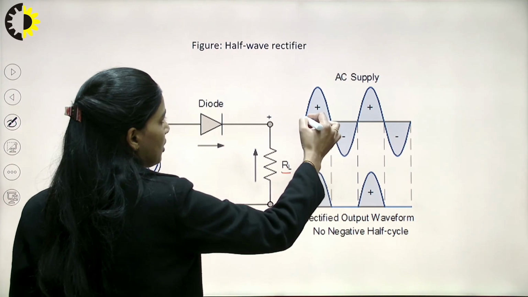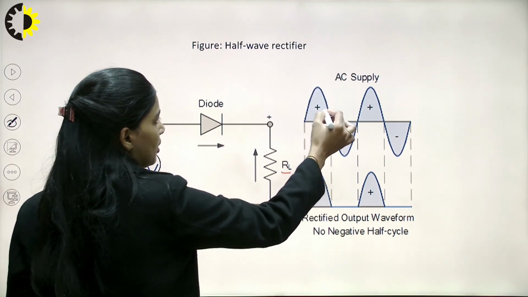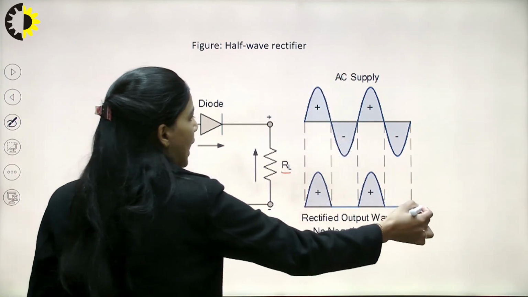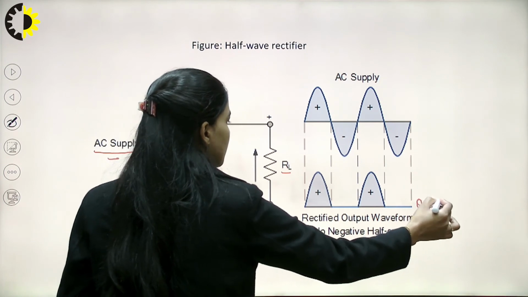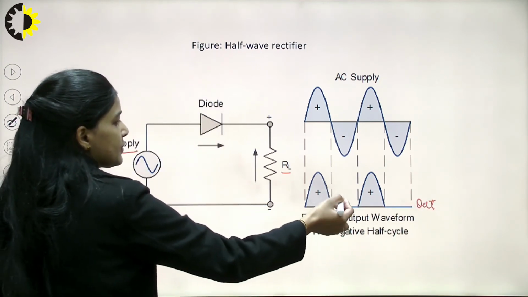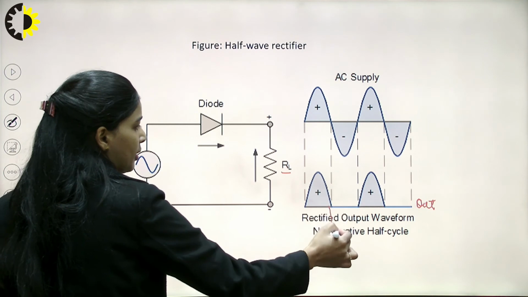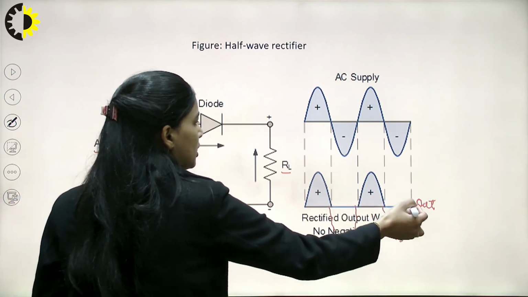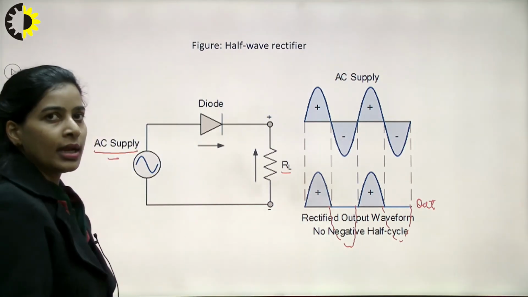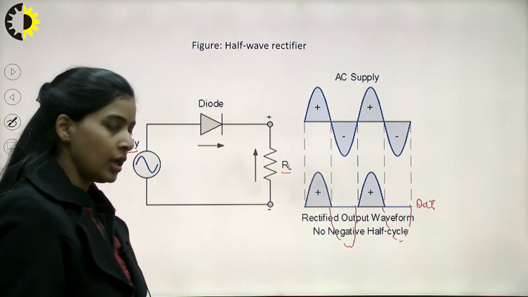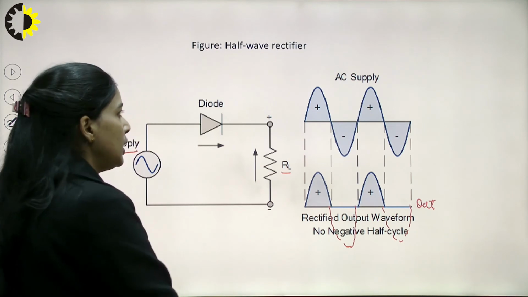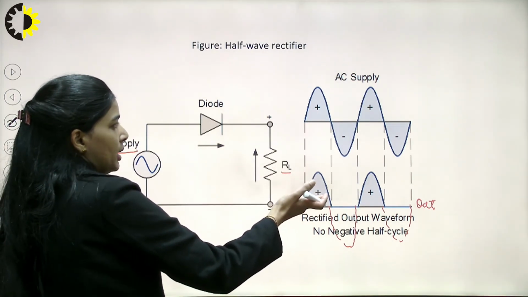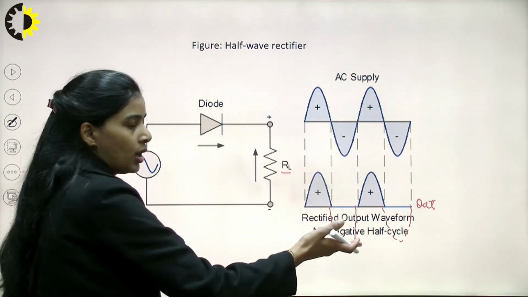This is the input with the positive cycle and negative cycle, and in the output the negative cycle is not there, we are getting only the positive cycle. So, that is rectifying half of the input signal.